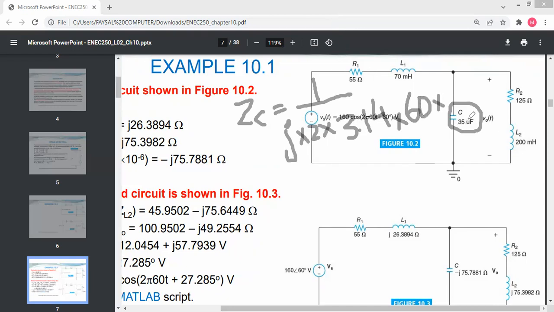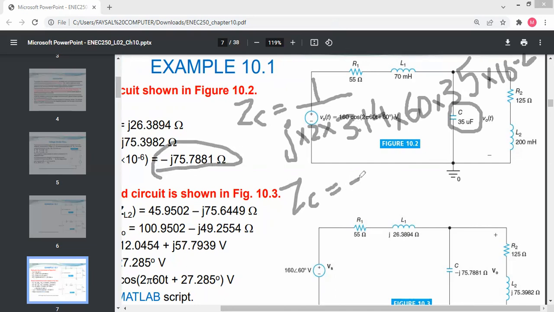Microfarad is 10 power minus 6. So it will be then 35. So we just transform the circuit from polar to phasor. So ZC will be, after finding the value, minus j and the same value, 75.7 something. So this is the method to find the value of ZC for this circuit.